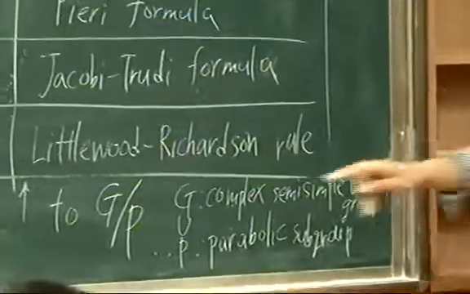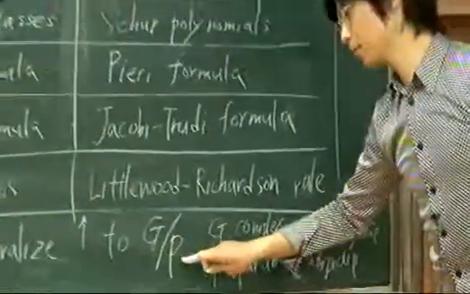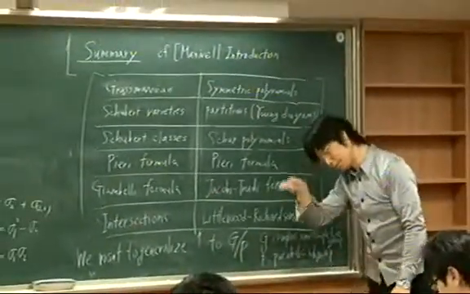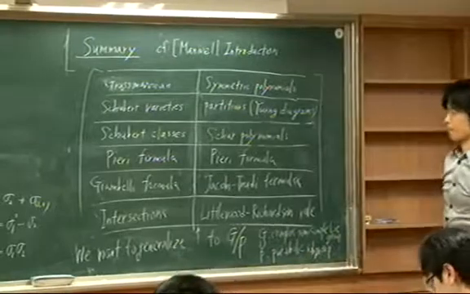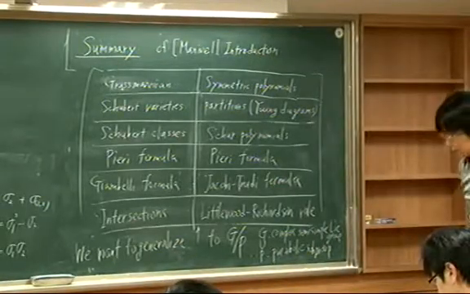In the case of the Grassmannian, G is GL_n(C) or SL_n(C). The parabolic is block diagonal, block matrices. Okay.